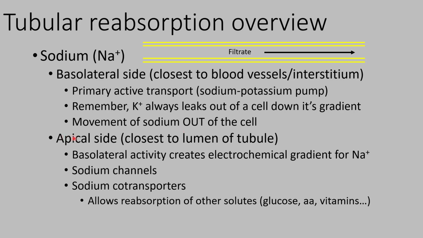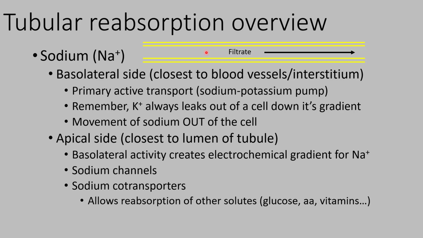Now on the apical side, the side closest to the lumen, so right here, this layer, we were just talking about the basolateral side. Now we're talking about the apical side. On the apical side, the basolateral activity, like I just said, creates the driving force.